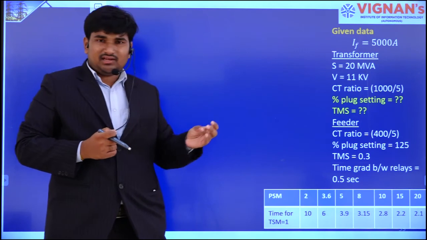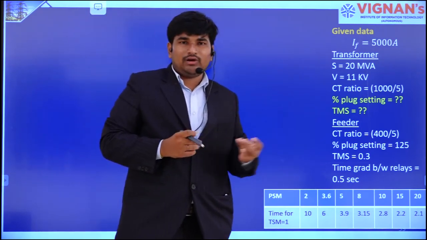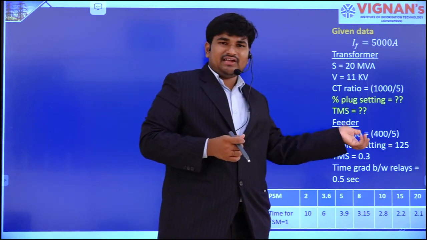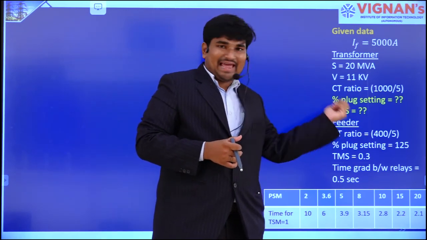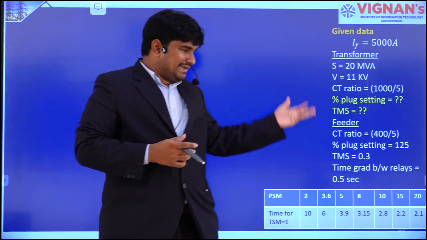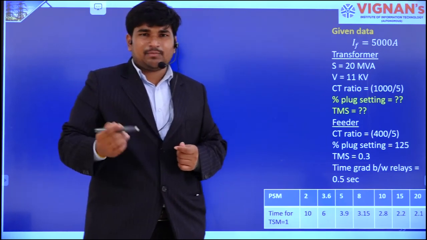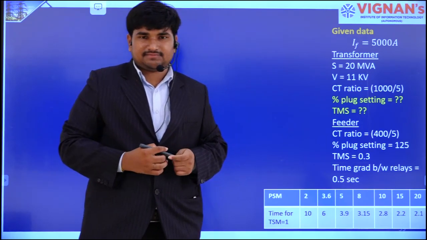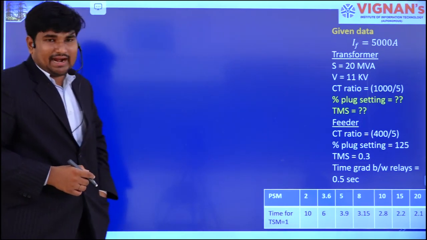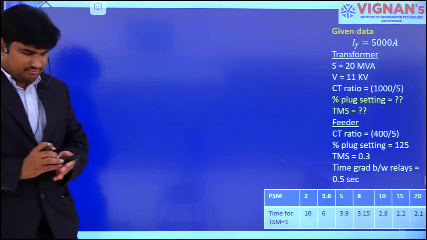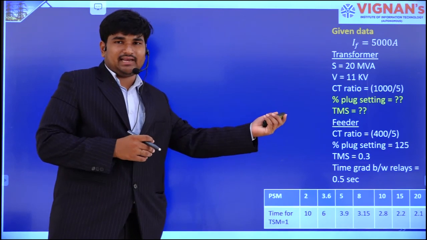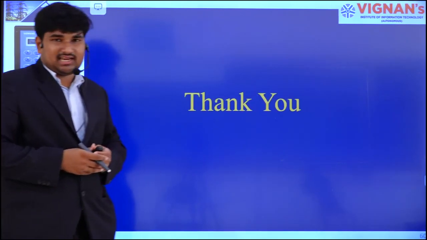In the second problem we saw only one unknown parameter, but here, with two unknown parameters given, we have seen how the calculations go. In the next class we will discuss directional overcurrent relays, what they are, how they are achieved, and their operation. Thank you.